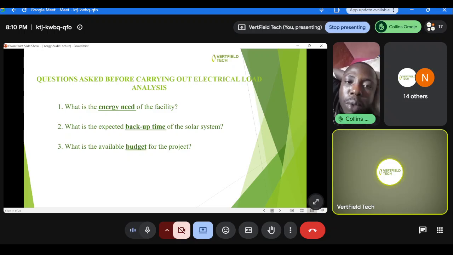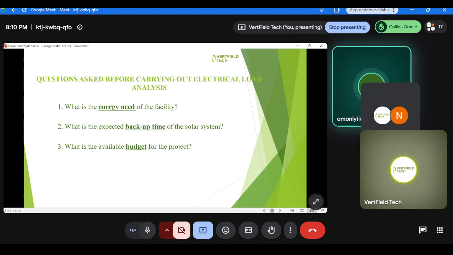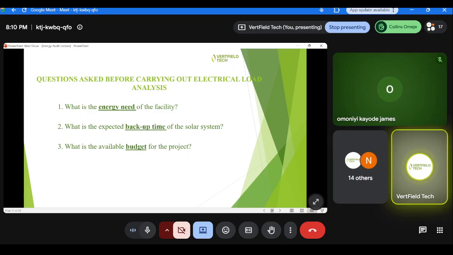We will then ask Mr. Collins, after we have assessed everything to see that okay, Mr. Collins is actually running on a large load, what his budget is for that project.